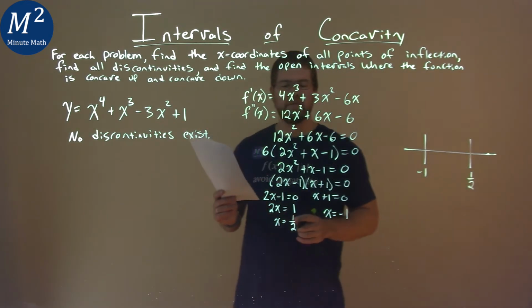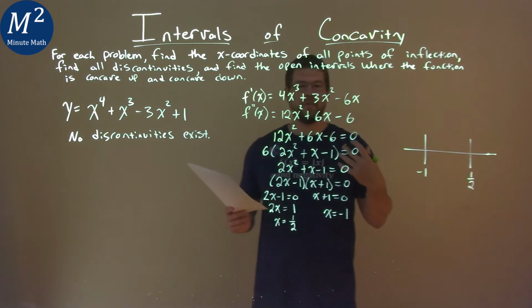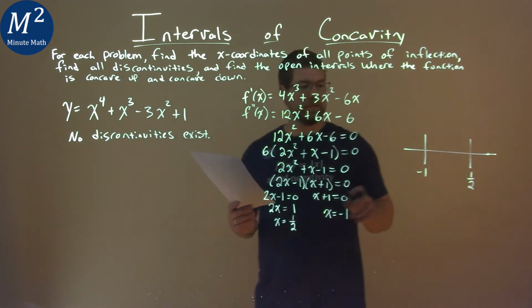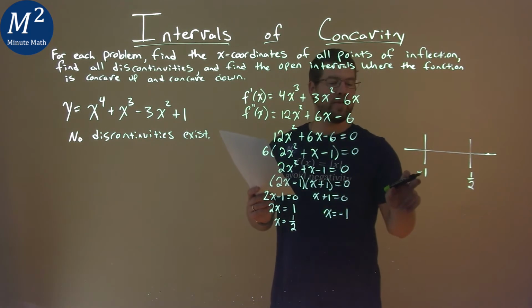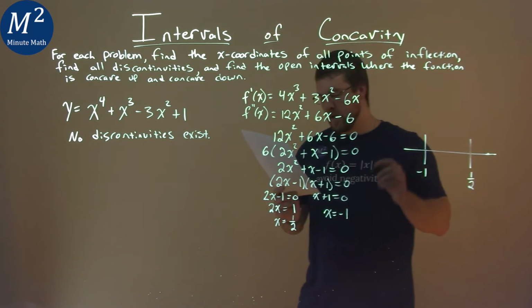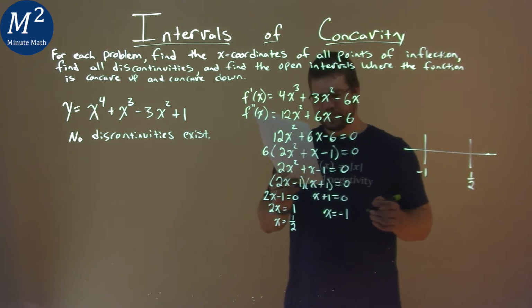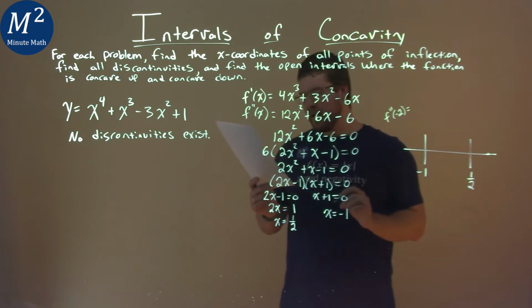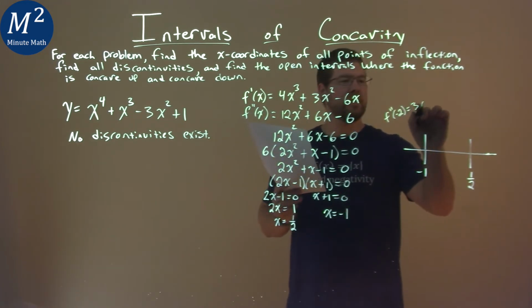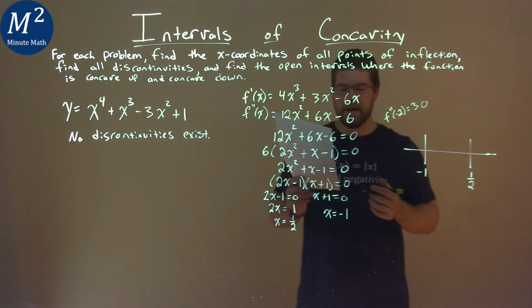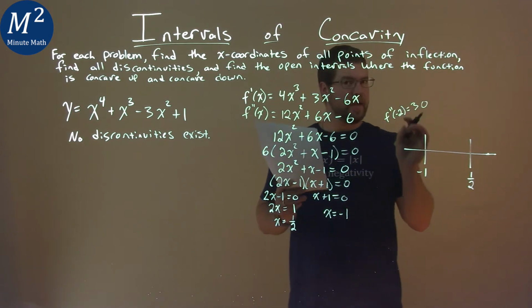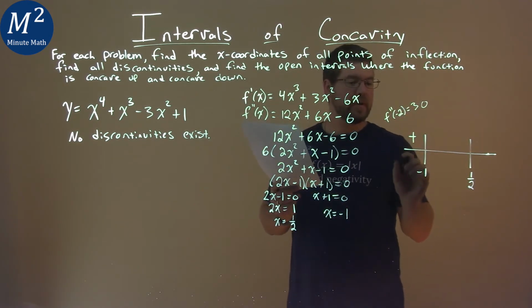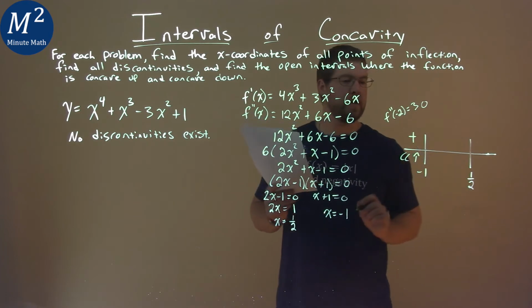In our second derivative test, we need to plug values within these intervals into our second derivative and see if they're positive or negative. I picked negative 2, so f double prime of negative 2 came out to be a positive 30. I don't care what the number is, I just care that it's positive, and that means we're concave up here.